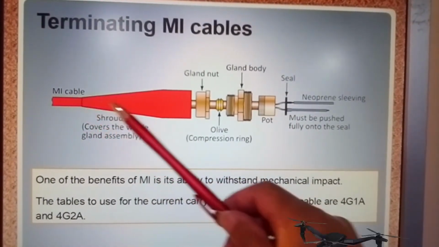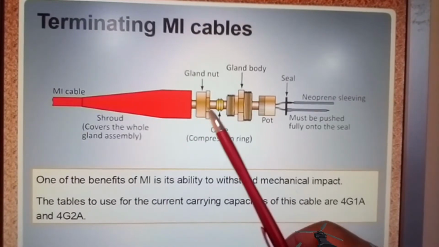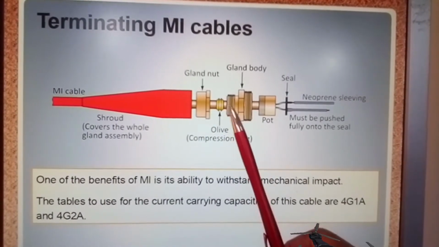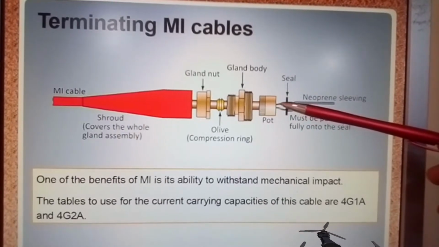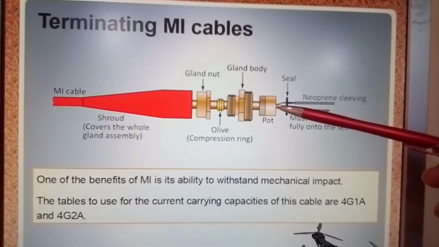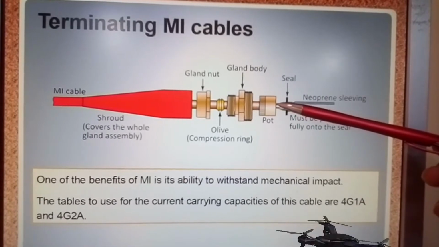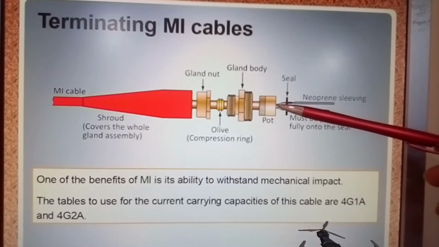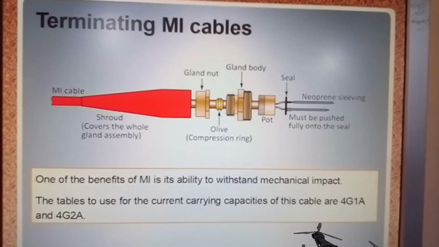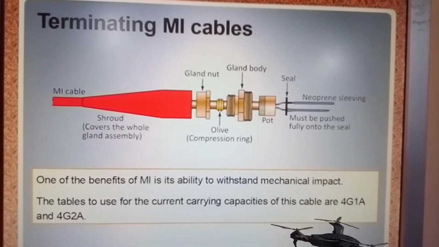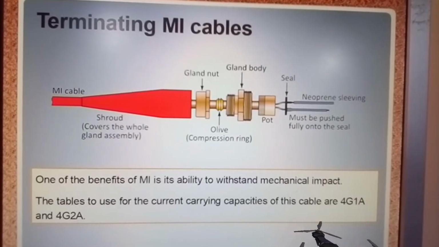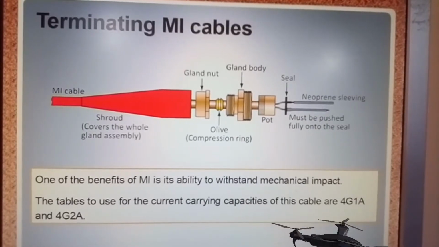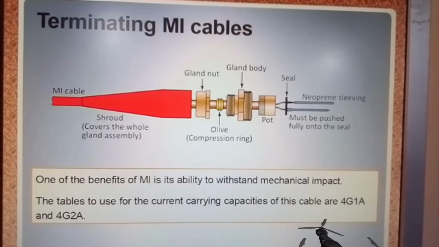So we need to be sure that when we come to terminate, it's done correctly, and it is very important that it is done correctly, because if you get pieces of copper, as I said earlier, between these conductors here at all, it will short out. That's why you must test every time, safety, safety, safety, before you connect to the final circuit and put supply on the line. Okay, very important. Check, check, check.